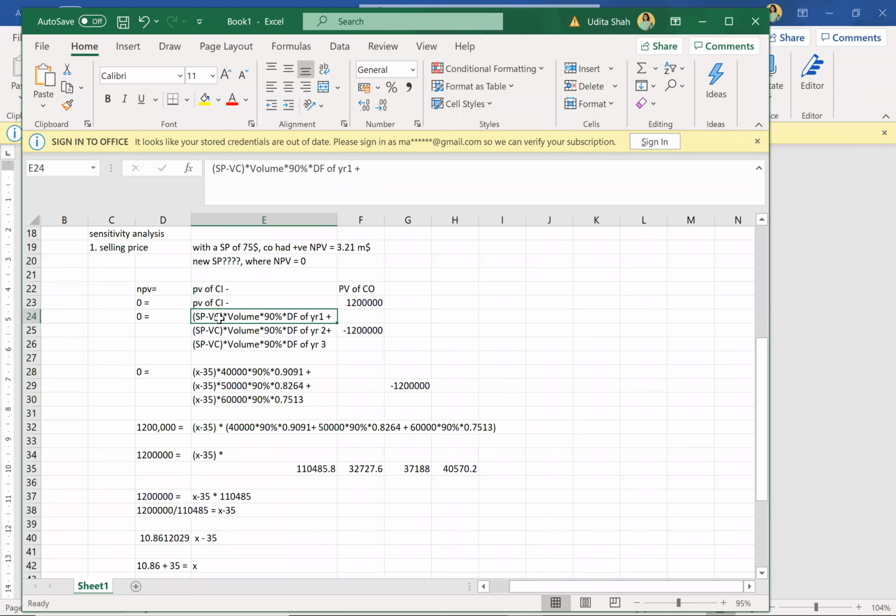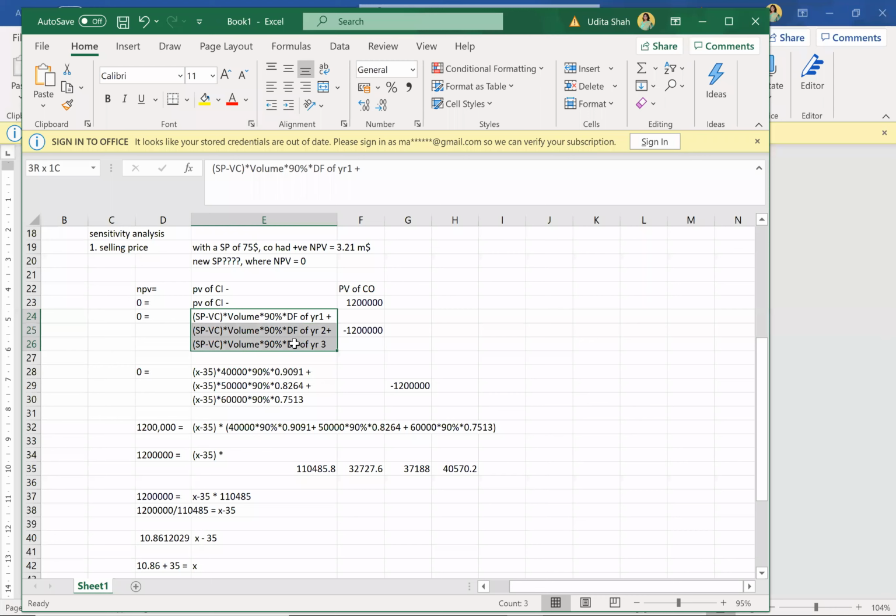I did not know what should be the new selling price, so I took the new selling price as X. Okay, and I just replaced it in the PV of cash flow formula. PV of cash flow was nothing but what? Selling price minus variable cost into volume. Correct? So that gives me contribution, into 90% that gives me PAT, into discounting factor of year 1, that gives me PV of cash flow. But that was only for year 1. Same thing I did for year 2 plus year 3.